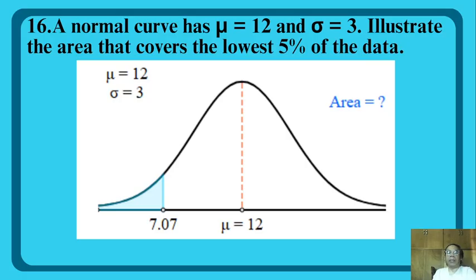So we have the mean equal to 12, and then the lowest 5% of the data is at that point, 7.07, and the shaded area is the area that covers the lowest 5% of the data.